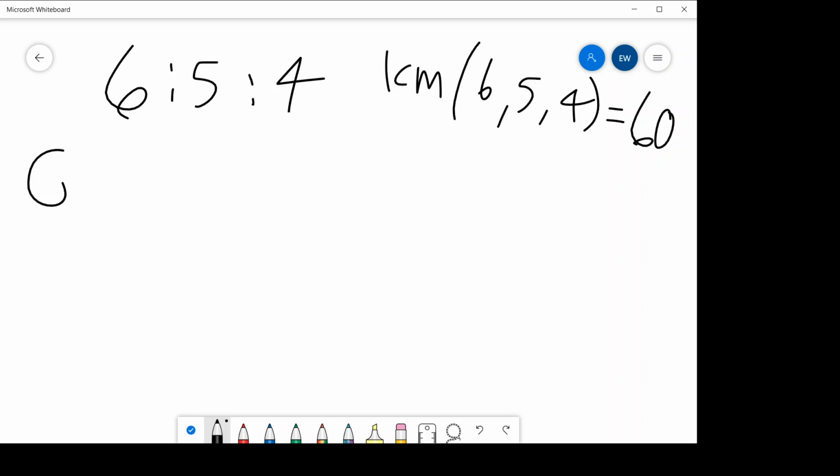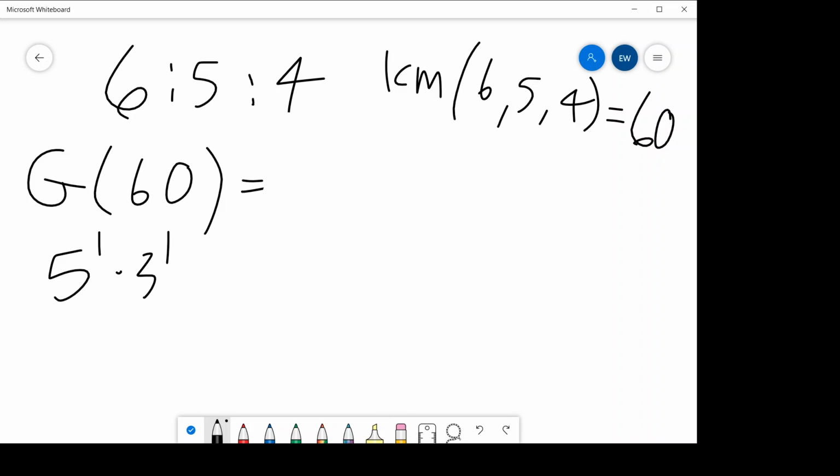So G of 60, let's break that down again. 60 is 5 to the 1 times 3 to the 1 times 2 to the 2.